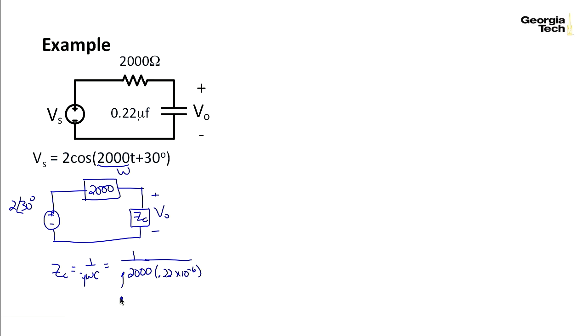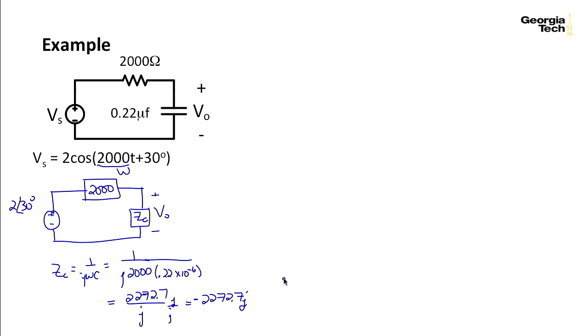And if I calculate that, I get 2272.7 over j. And if I multiply through by j over j, I can clear the j in the denominator. I'm going to have a j squared in the denominator, which is minus 1. So this is equivalent to minus 2272.7 j. So just a trick there, a j in the denominator can be replaced by a minus j in the numerator.